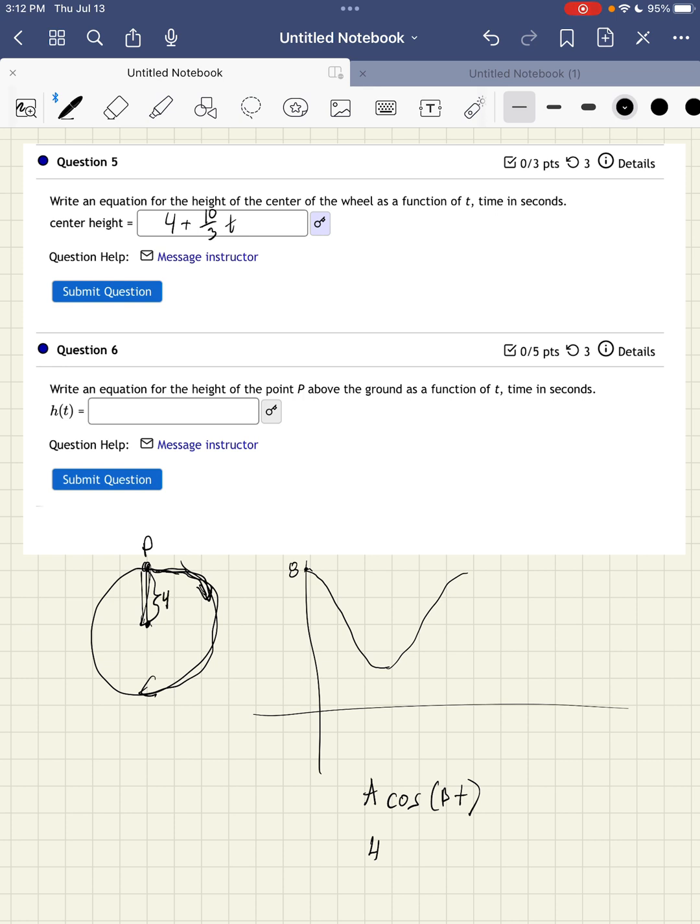If it's 4 here, then it's going to be going 4 above and 4 below a certain value. So from the average, which is happening here, down to its minimum, the distance from max to average value is 4. So it's our amplitude.